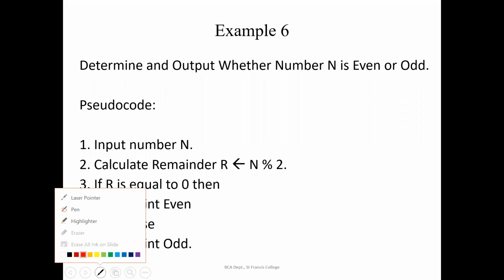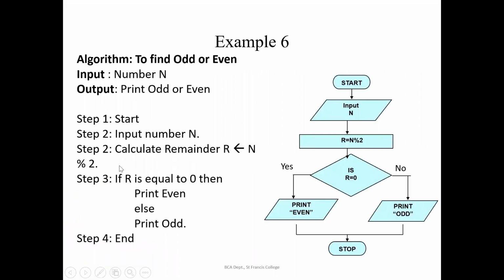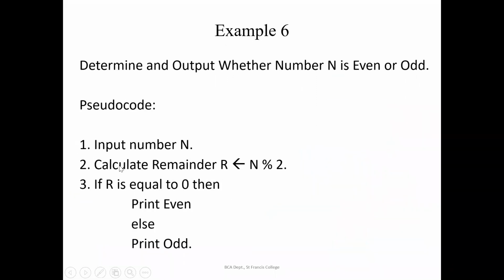At the end, I'll be giving you one question to be solved. So don't think that after attendance I'll not be checking. So that question you have to solve. Here, if the remainder is equal to 0, then you will be printing it as even, and else you will be printing it as odd.